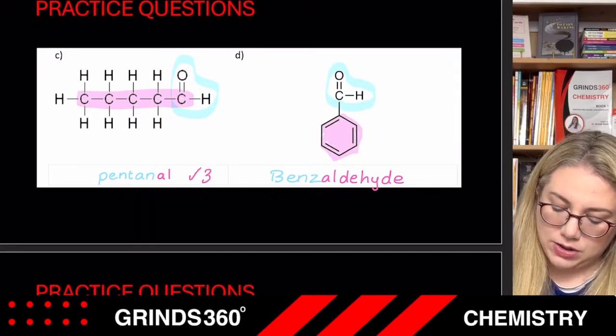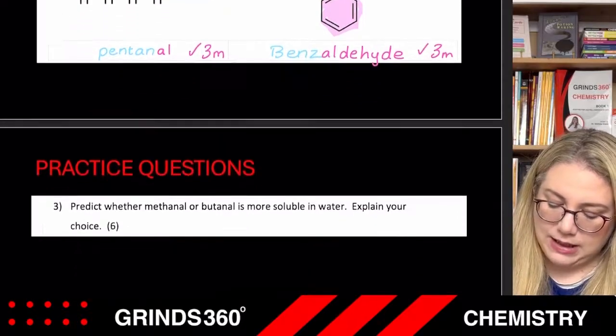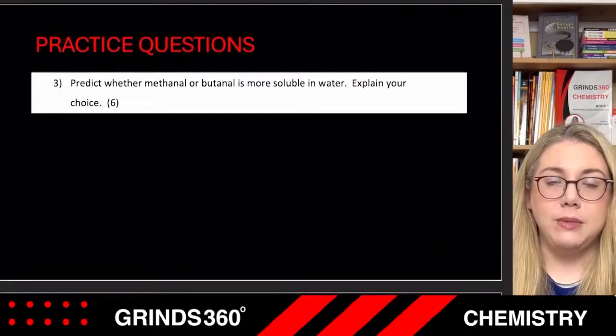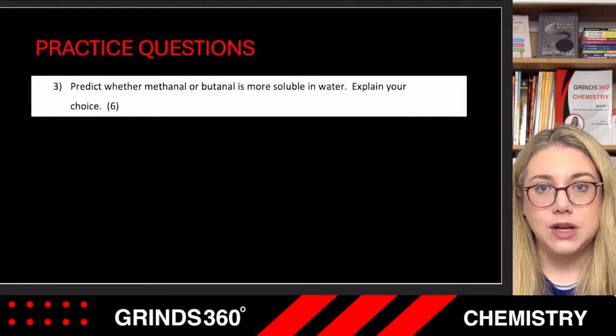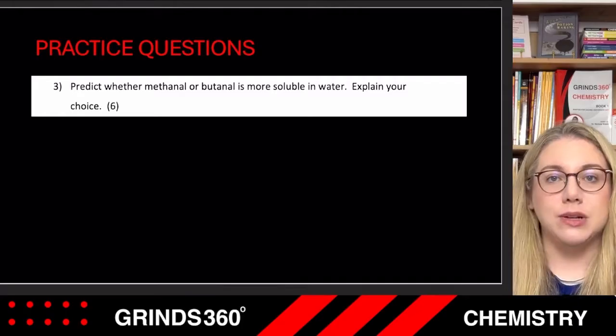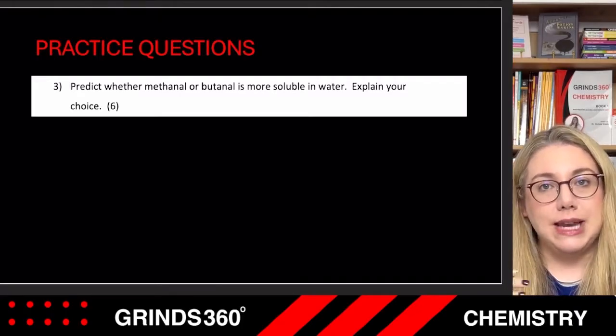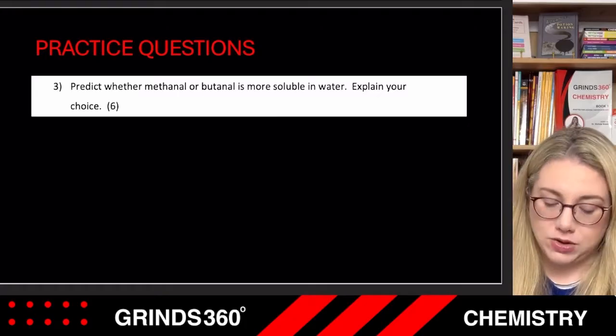Three marks each. Now, let's have a look at more difficult questions, but I would recommend that you draw and name the rest of the compounds that are found in your notes, because it's really good practice now that we're starting to build up the different families of compounds that you can differentiate between the different families at this stage.